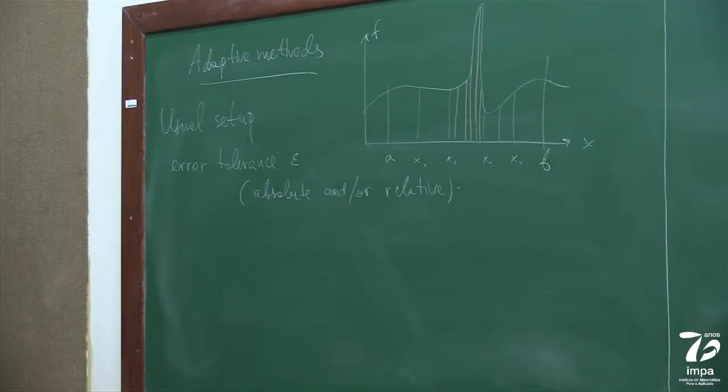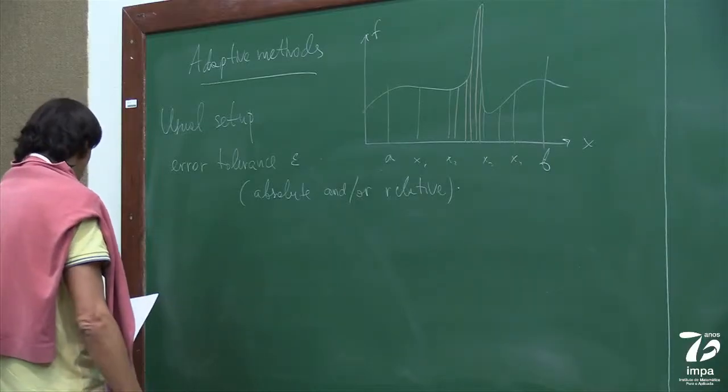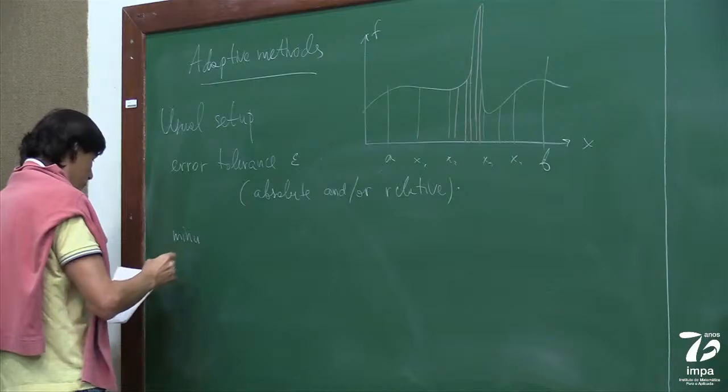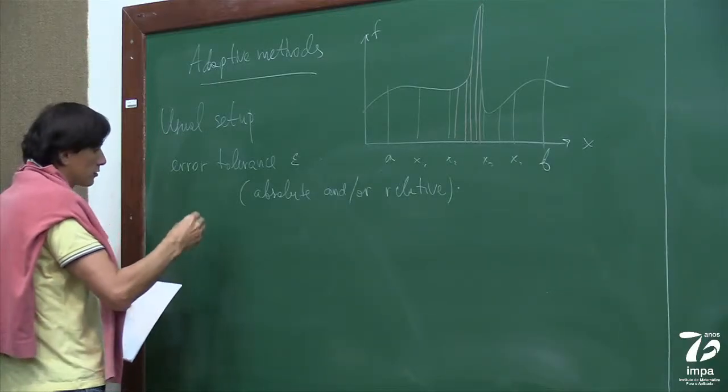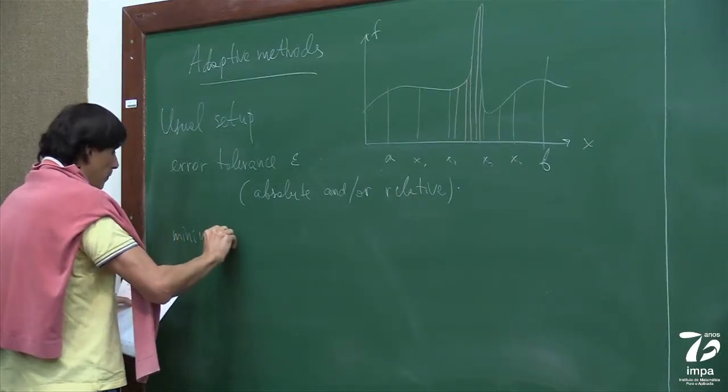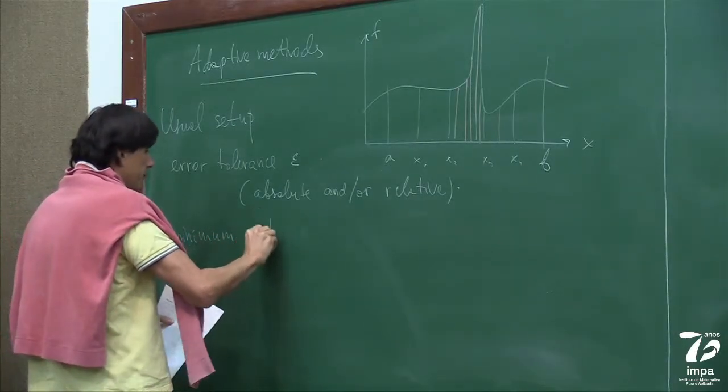So you define some error tolerance, and then it's also useful to put a minimum. Essentially, it is almost always a part of the method, so minimum interval length.